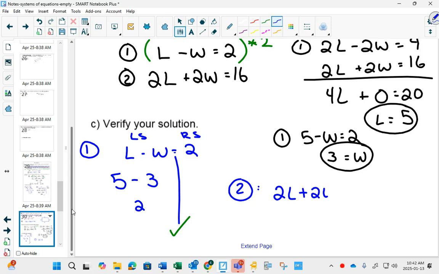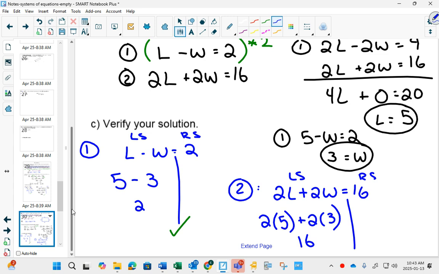Write out the equation. Label the left side and the right side. Plug in our answers. 10 plus 6 is 16. Equation 2 verifies as well.